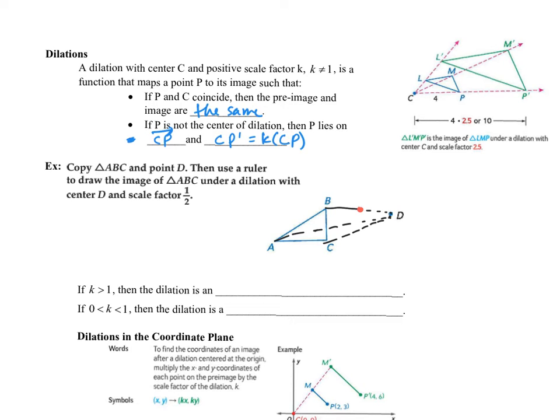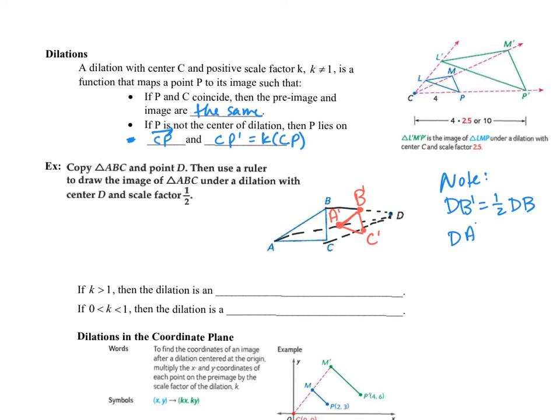And then I'm going to put A prime half of the distance from D to A, so let's just note that D to B prime is 1/2 the distance from D to B.